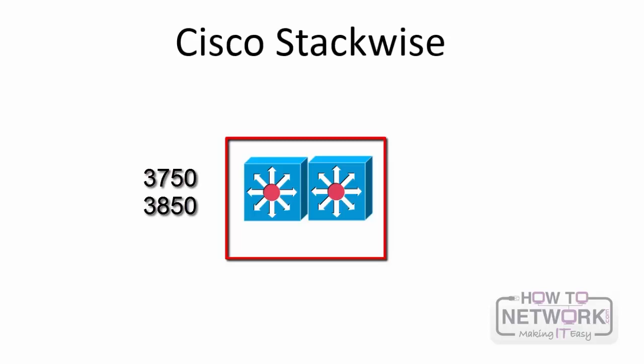Now, to create a stacked switch or a logical switch, the individual physical switches need to be connected to each other using a special purpose cable. It's not your typical cable, it's specifically for this technology.